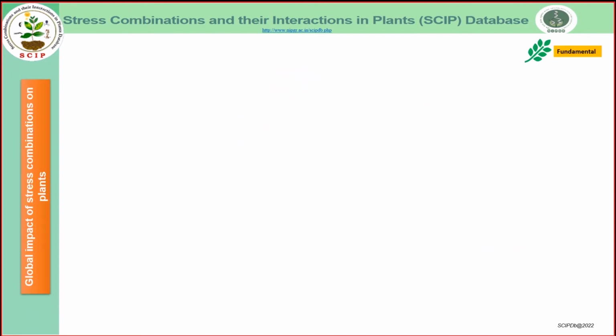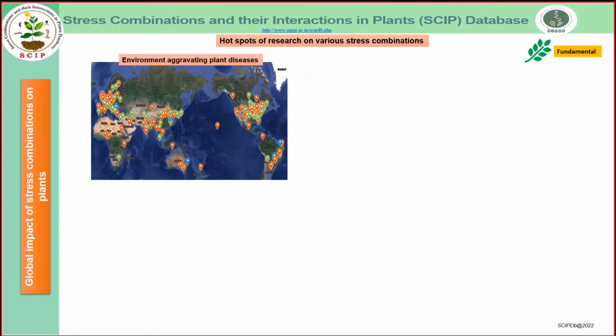The SCIP database also provides an account of the global impact of stress combinations on plants, indicating the various hotspots of research on various stress combinations. For example, the database provides a glimpse of the places where the plant diseases are aggravated by the prevailing environmental conditions.